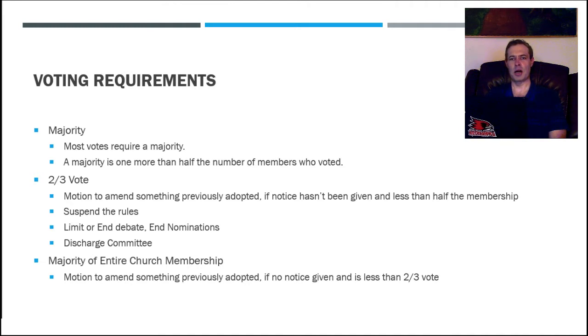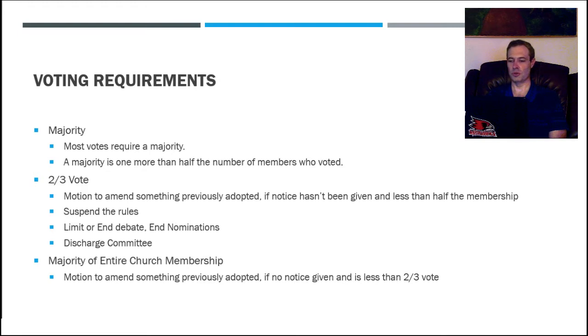It's actually a common motion that people don't necessarily know by that name. People who are reading Robert's Rules of Order will recognize that terminology. People don't normally get up and say, I want to amend something previously adopted. Instead, they'll say something like, I make a motion that we amend the Constitution.